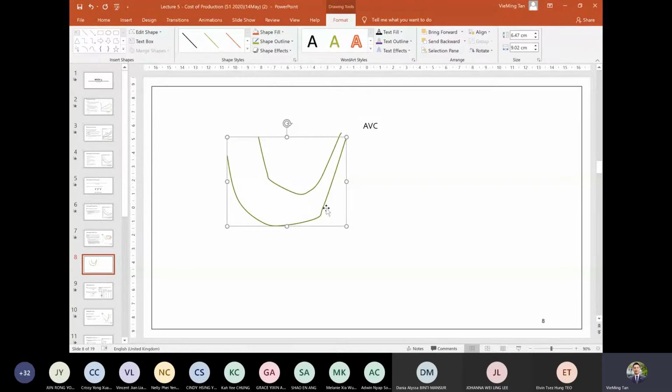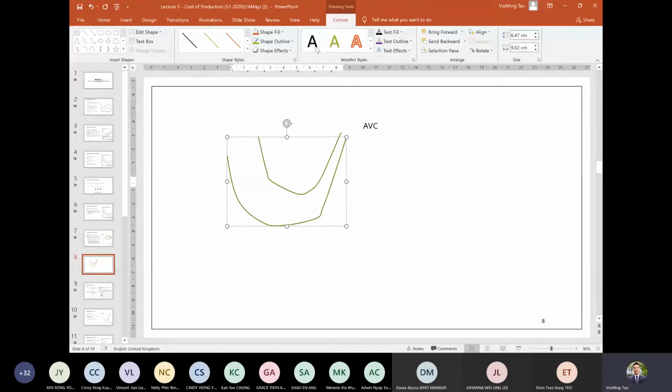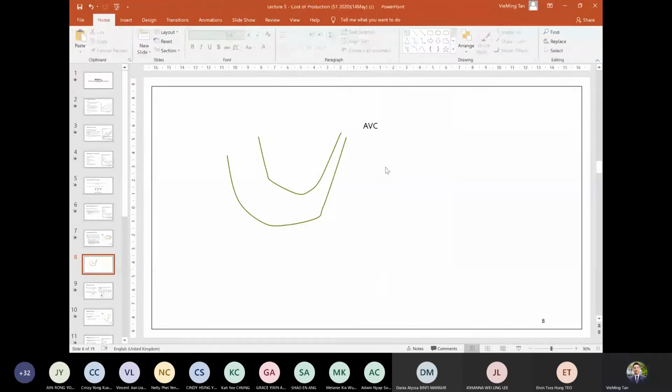So it's also U shape, but the average total cost now is very near to the average variable cost. This line, and then I can name this as average total cost.